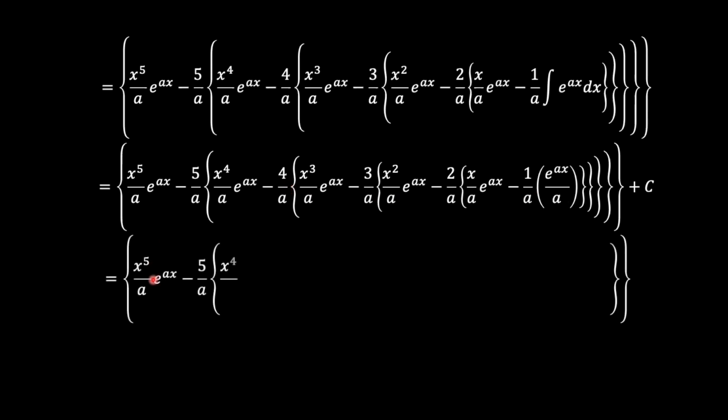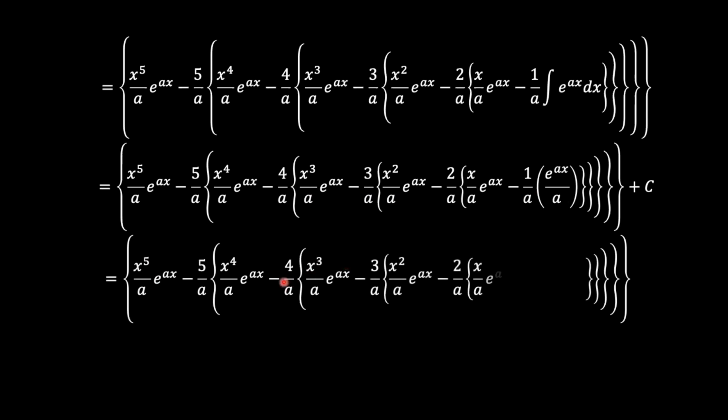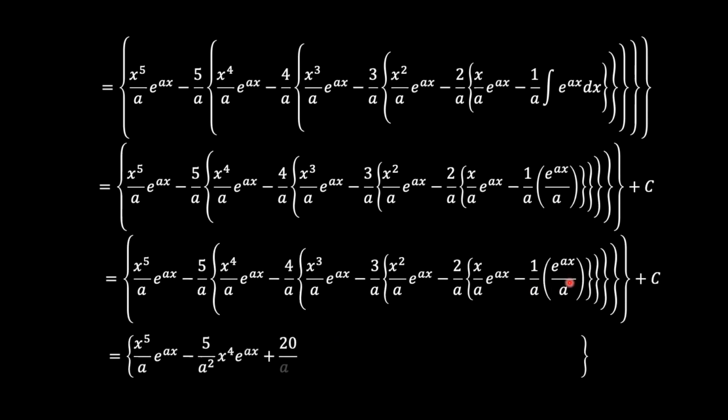So we have x to the power 5 over a minus all these other components, which results in, at the very end, e to the power ax over a squared, but as it propagates upwards, we have 120 over a to the power 6.